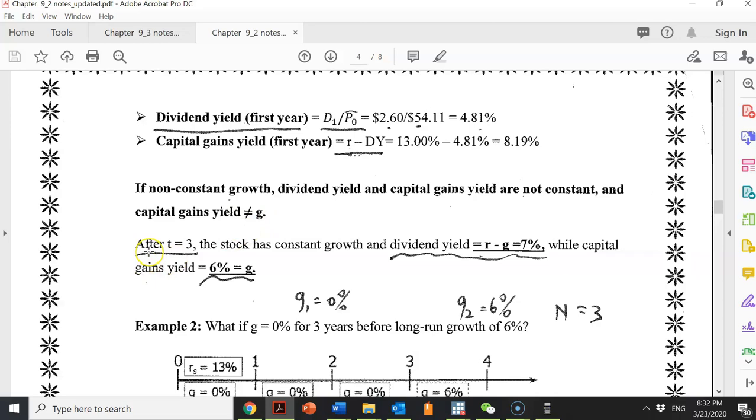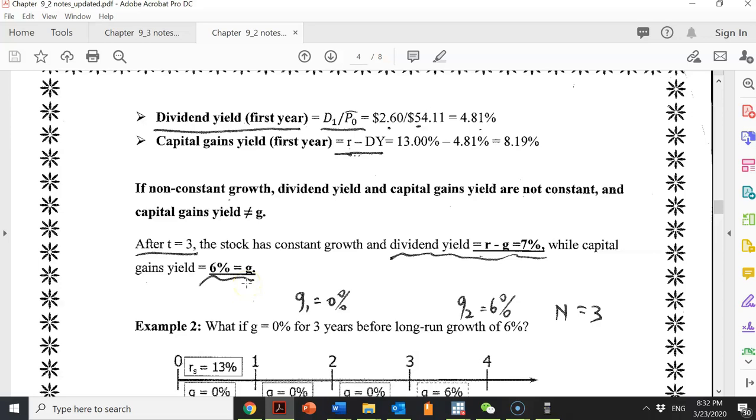However, in the second stage, after 3 years, the stock has constant growth and dividend yield becomes R minus G, 7%, while capital gains yield becomes G, 6%.